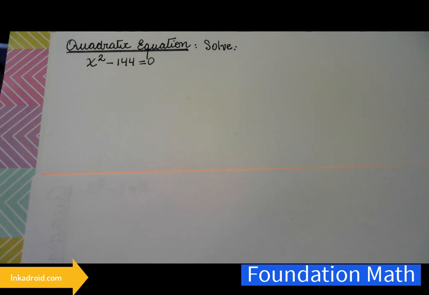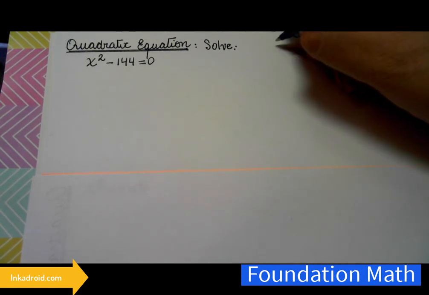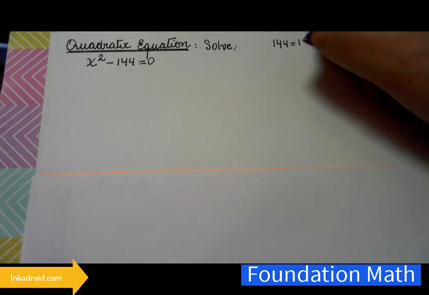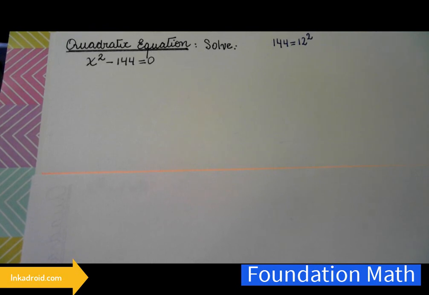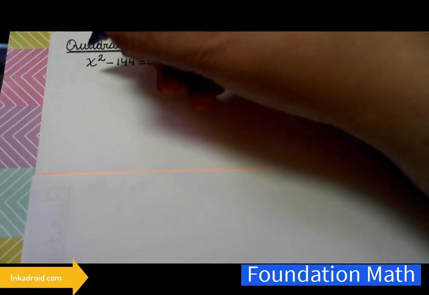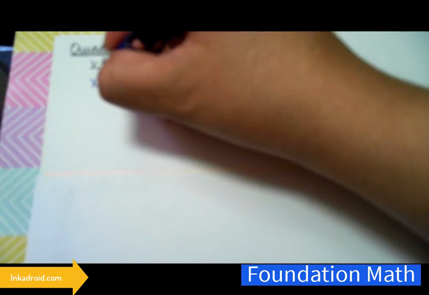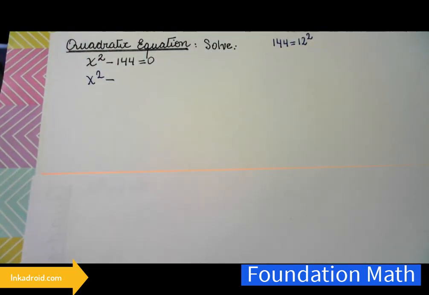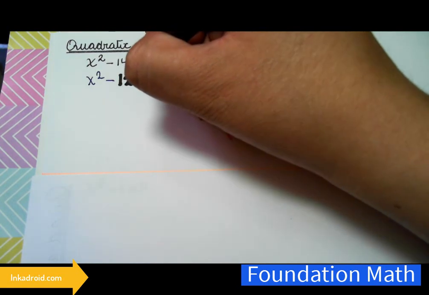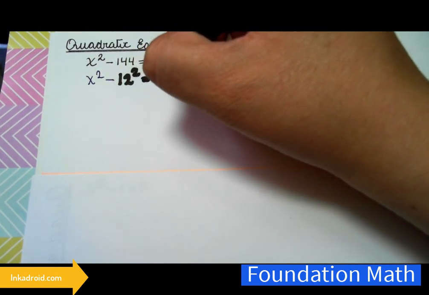So in this case, for the number 144, we have to remember 144 is equal to 12 squared. So we have to substitute the value of 144, and we have to write x squared. So I'm going to copy x squared minus 12 squared equal to 0.